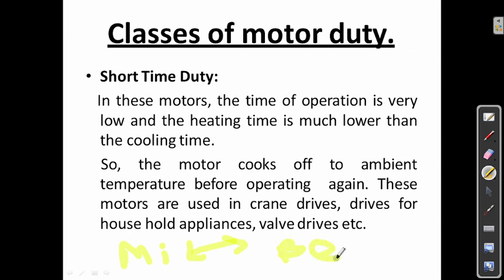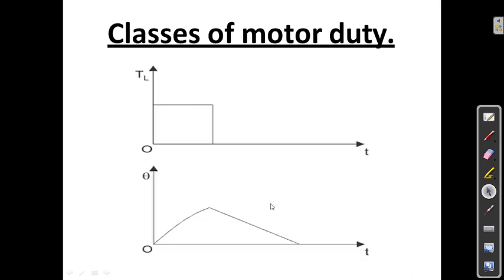If you want to grind coconut inside that mixie, we will do that operation within a certain time, within 30 seconds, I think. So that is a short time working appliance. Household appliances we use for short time duty. That is the best example of short time duty motors.